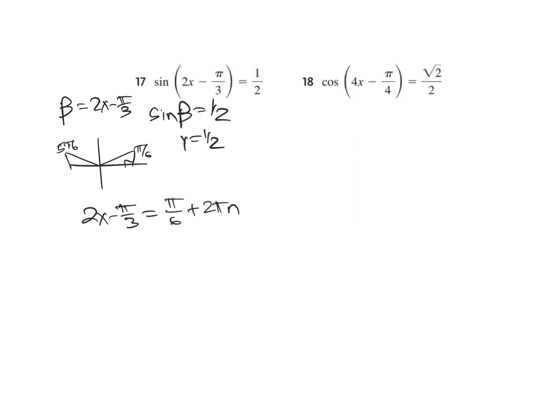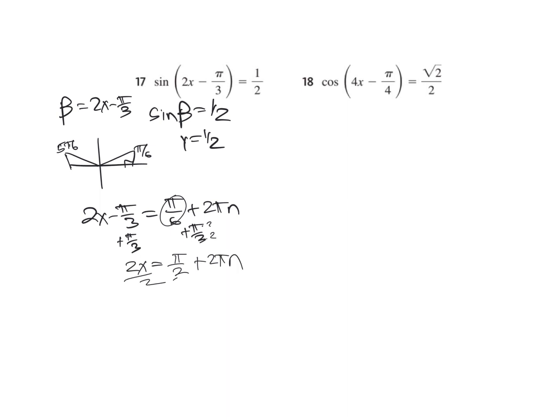And we'll go ahead and solve that one first. Okay, so let's add pi over 3 to this side. And we get 2x equals, got to get a common denominator, multiply by 2. So pi over 6 plus 2 pi over 6 is 3 pi over 6, or pi over 2.